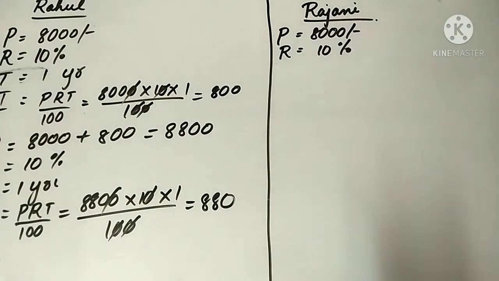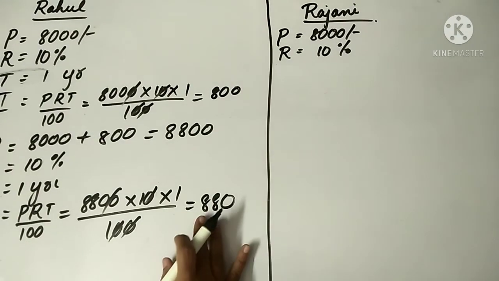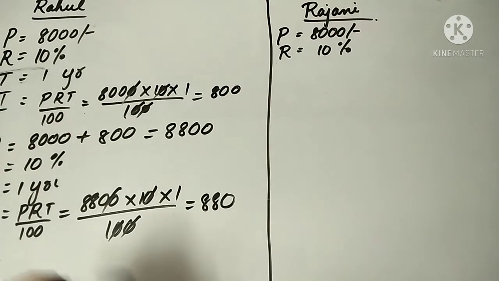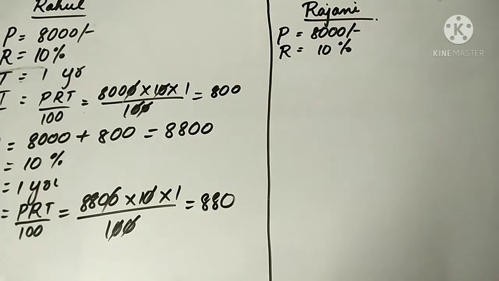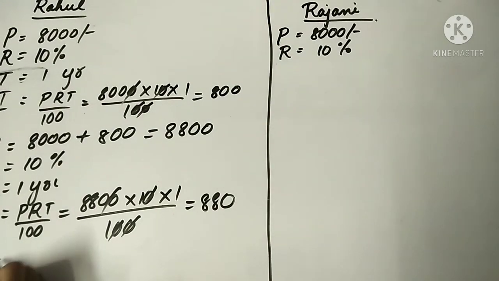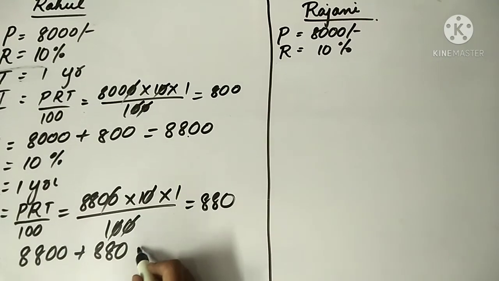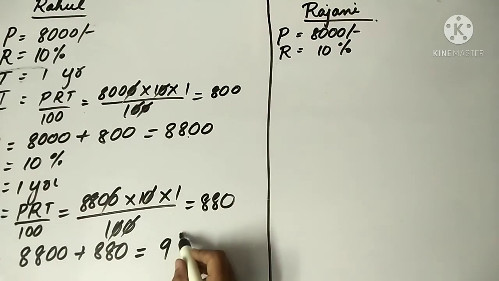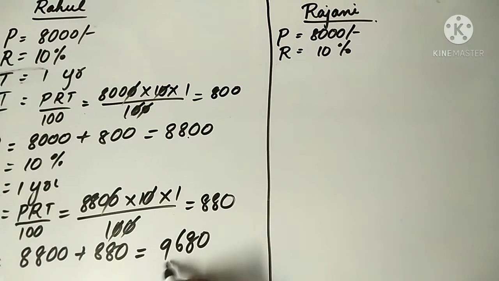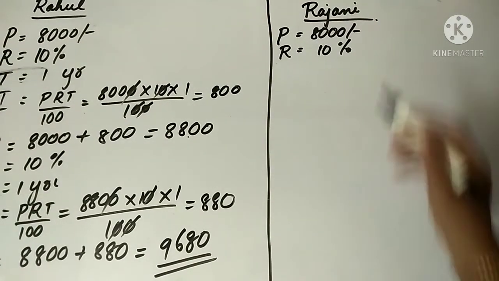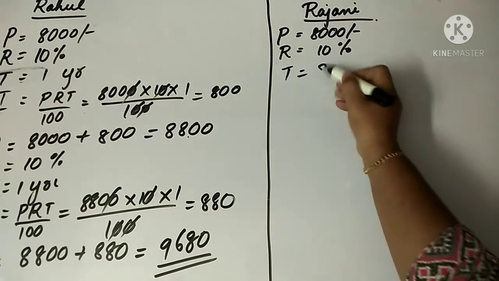So after 2 years, he gets the interest 880 rupees. What is the amount he gets after 2 years? Amount is equal to 8,800 plus 880, that is equal to 9,680 rupees.